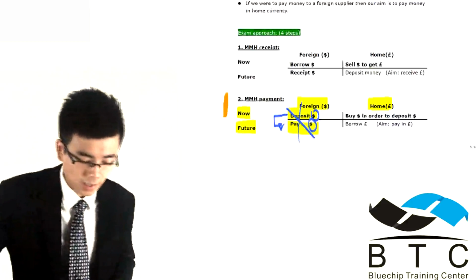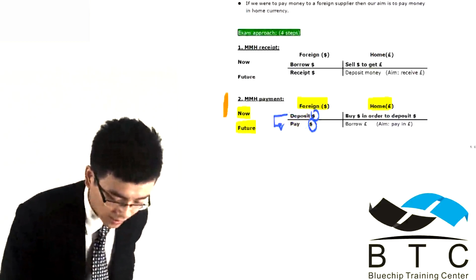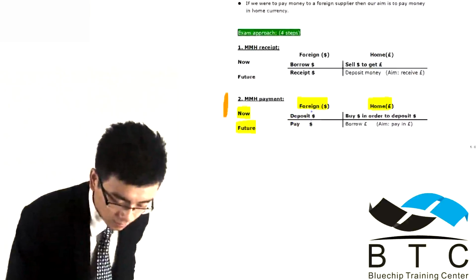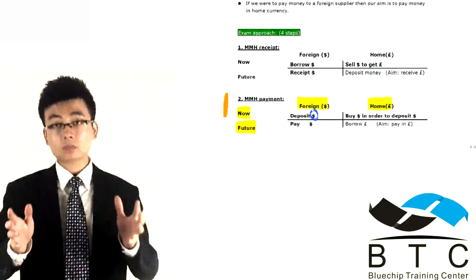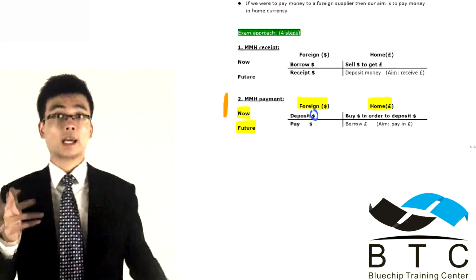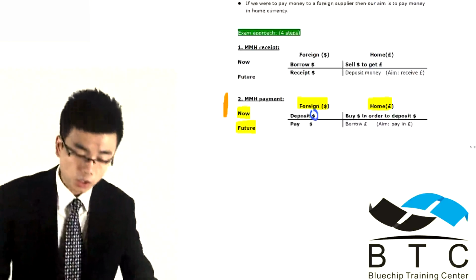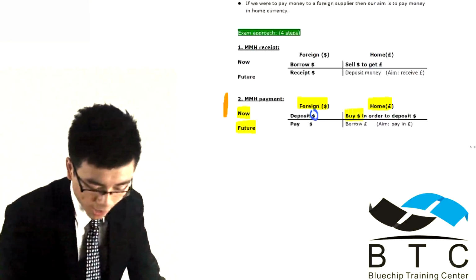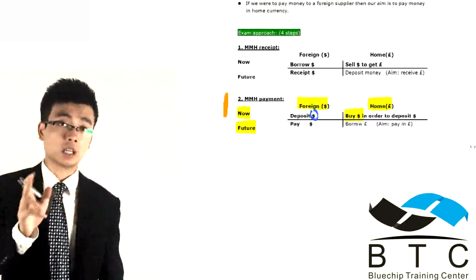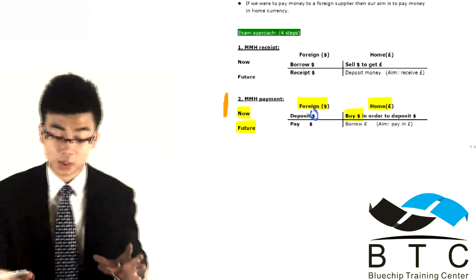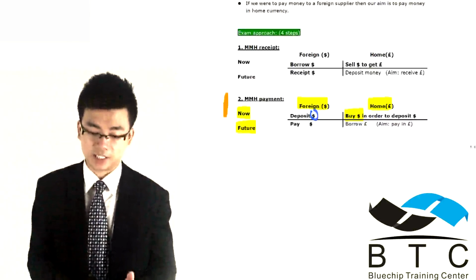But the question is, how are you going to get the dollars in order to deposit them into the foreign bank? Of course, you need to buy the dollars in order to have enough dollars to be deposited into the foreign bank. So that's the reason why we need to buy dollars over here.